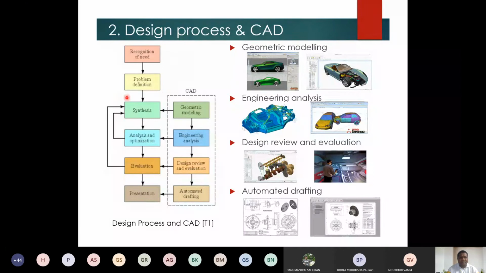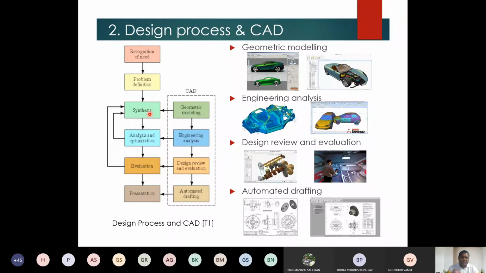So all the information, you club it, and then you try to develop something, a kind of 3D model, which is then evaluated. It's a cyclic process, taking information from different departments or different people, and the 3D model is actually evolving.